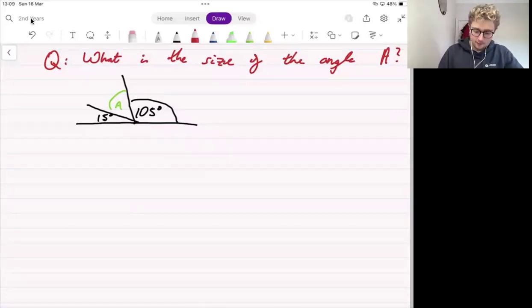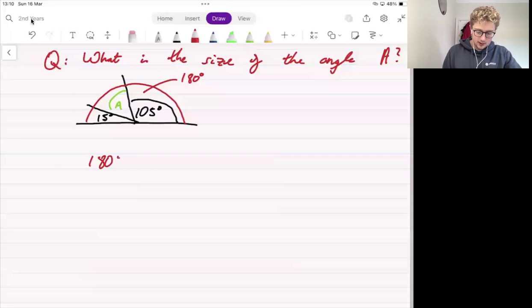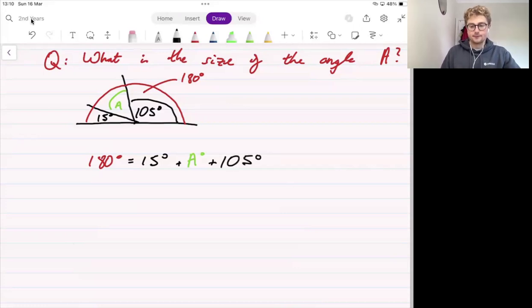I know my straight line has 180 degrees. That whole angle is 180. And that 180 degrees is made up of three parts. It's made up of the angle of 15 degrees, the angle A, and the angle of 105 degrees. So I can add together the 15 and the 105, and that gives me 120.